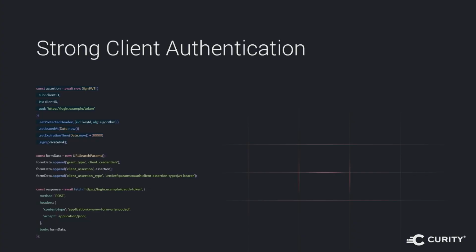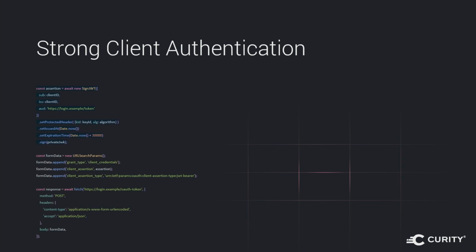So what can you use instead of that? There's a solution called JWT client assertions. It is a bit more code, but it's not that complicated. This is client code, on the client side. What happens here is that the client first creates a JWT. In that JWT, it puts the client ID and then signs it with the client's private key.